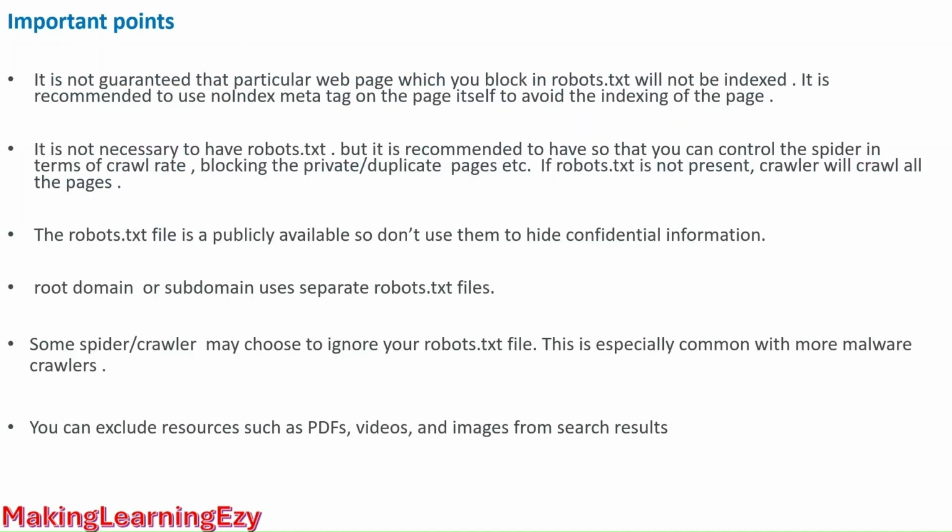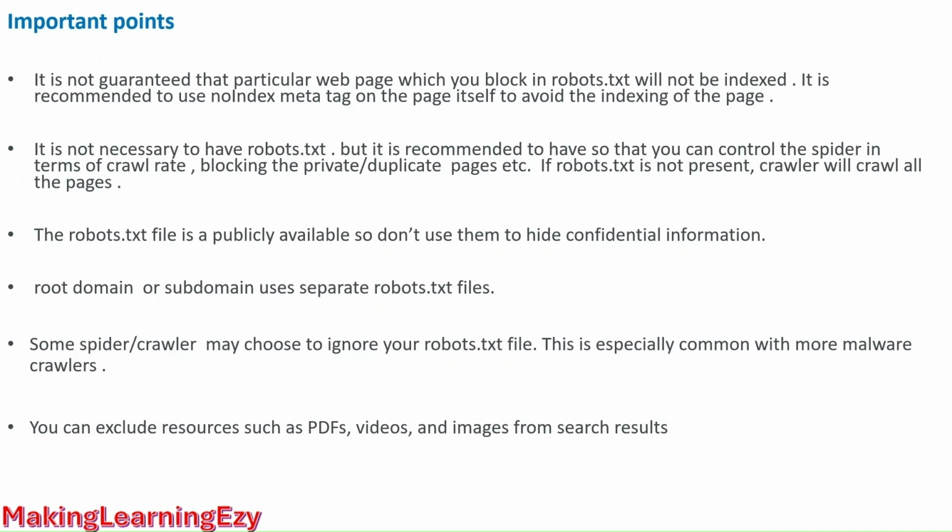These are a few points about the robots exclusion protocol. Here I have mentioned a few important points which you need to keep in mind. It is not guaranteed that a particular web page which you block in the robots.txt will not be indexed. So it is recommended to use the noindex meta tag on the page itself to avoid indexing of that particular page. What is the noindex meta tag, that we will see in an upcoming video. For now, just keep this point in mind.